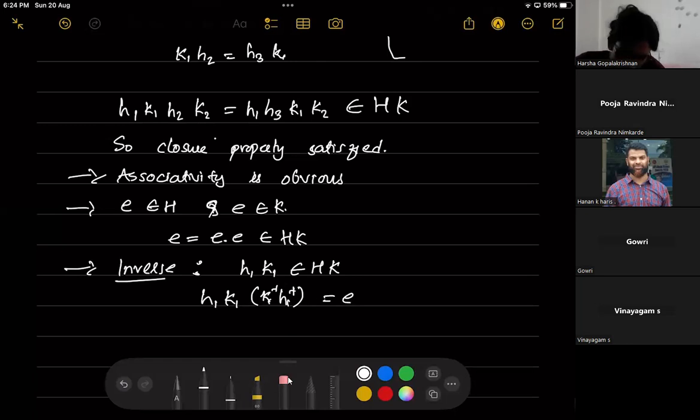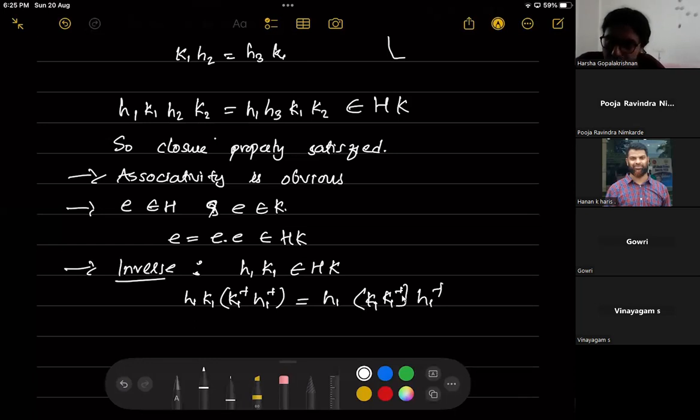I will explain once again. H1K1, K1 inverse, H1 inverse. What will it be? Because associativity is satisfied, I can write H1, K1 K1 inverse, H1 inverse. This K1 K1 inverse will become identity.